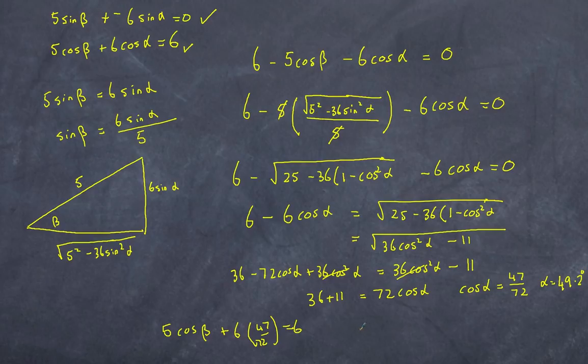If I rearrange that, I get a cosine beta that is equal to 6 minus 6 multiplied by 47 over 72, all over 5, which boils down to 5 over 12, giving us a beta equaling 65.4. And of course, those two will add up to our 115.